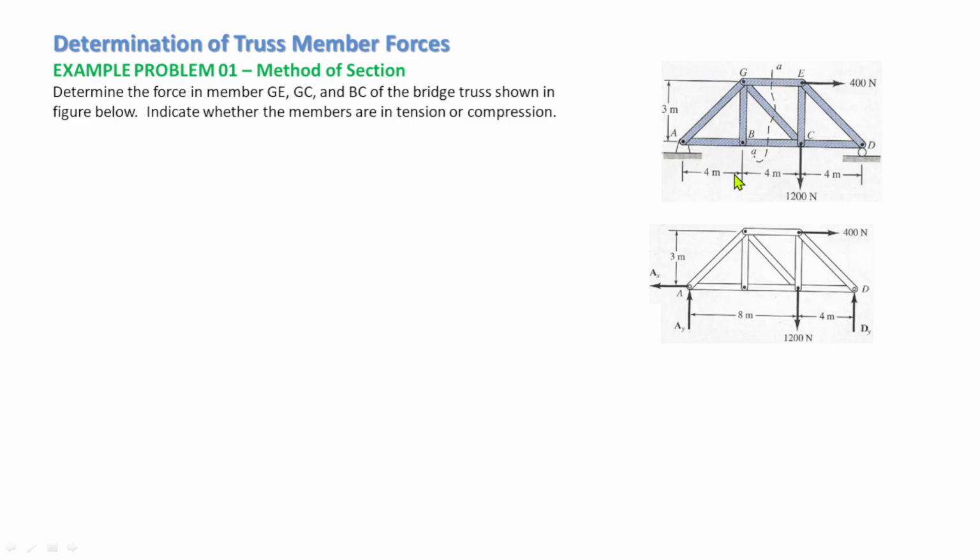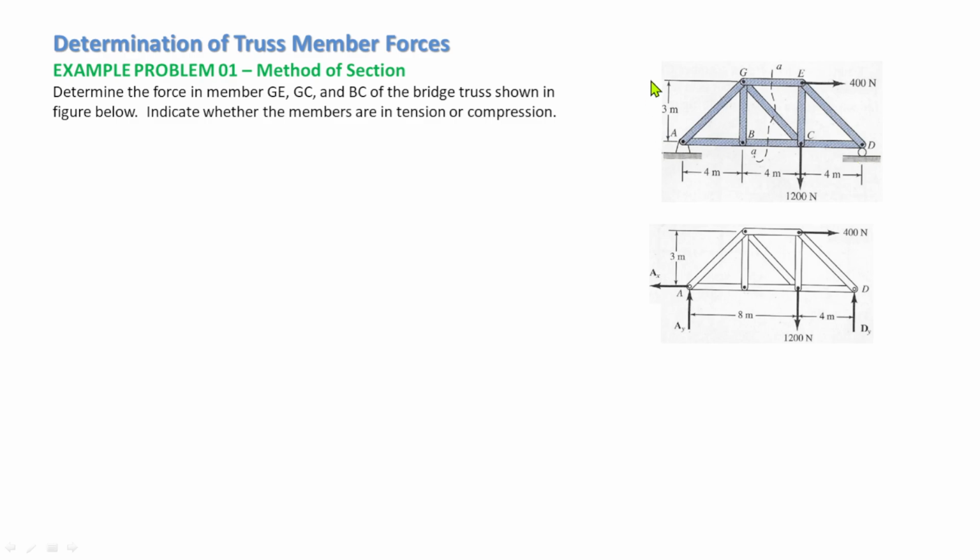So this is our elevation of the truss, and we have a given 400 newtons applied to the right, and we have a 1200 newtons downward here. The truss is pinned at one end and roller at the other end.